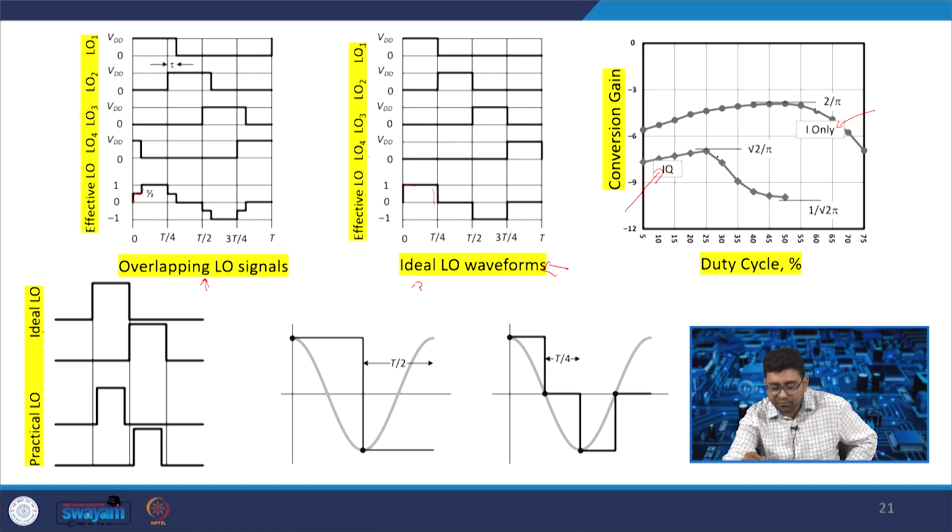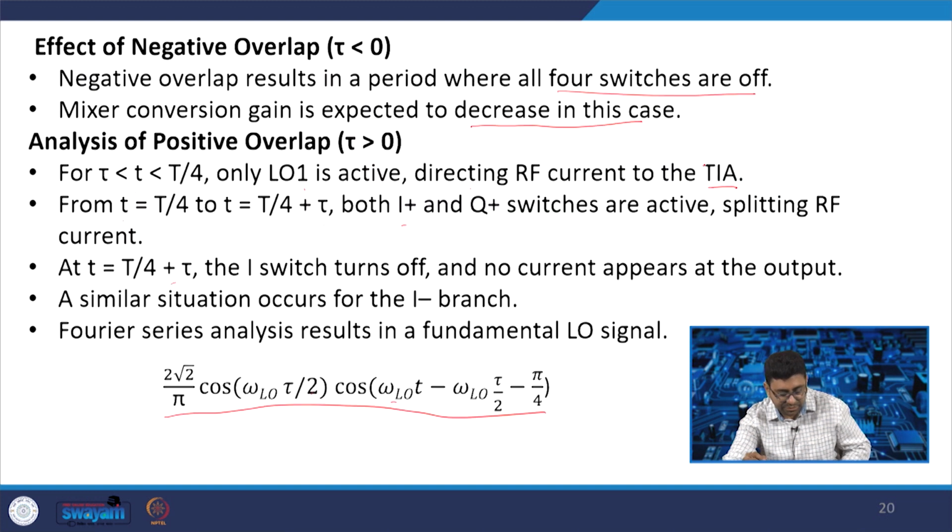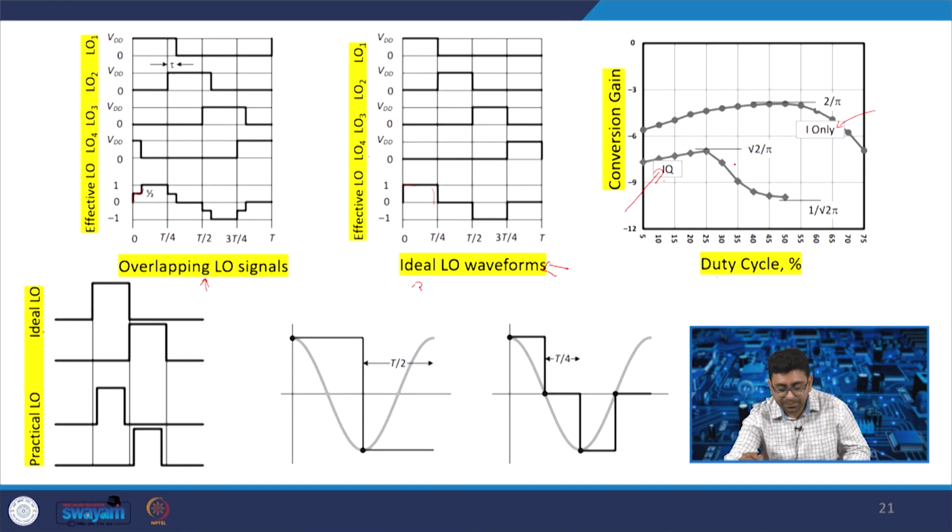But if we consider the IQ case, this analysis is for positive overlap with in-phase and quadrature components, and this graph is plotted for 40 nanometer technology switches.